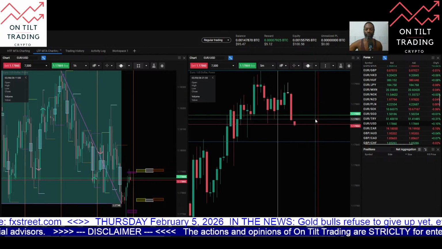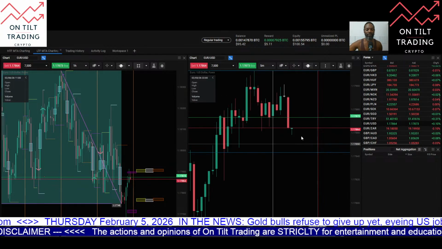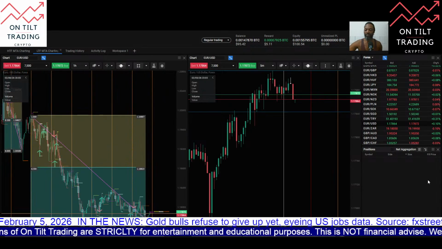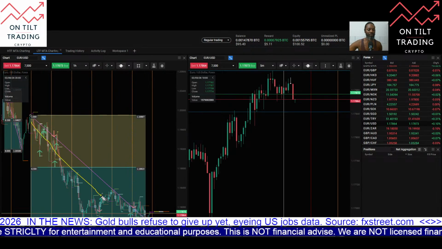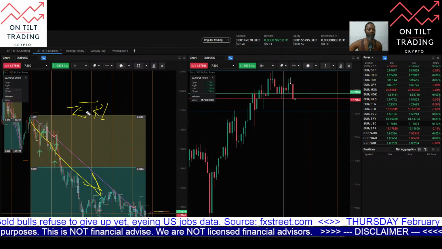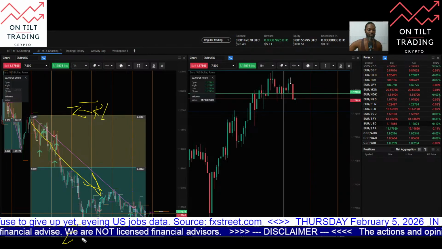Then for Euro USD, same thing. You can see price in a downtrend here. External range high, external range low.